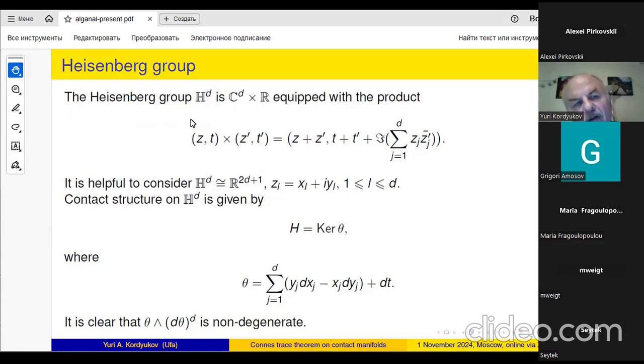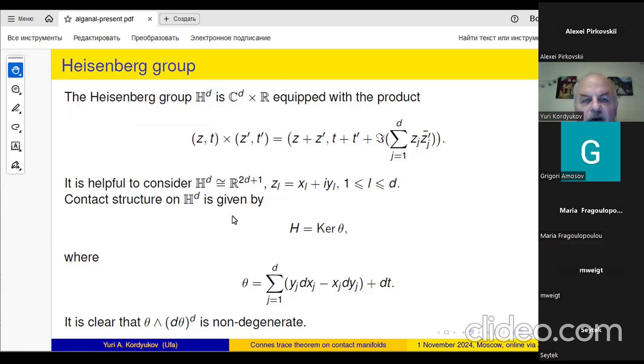But this is another way to define the Heisenberg group, in a symmetric way. So I consider such pairs, such tuples (z, t), where z belongs to C^d and t is a real number. And this is the multiplication on this set. And one can also consider the corresponding real notation.